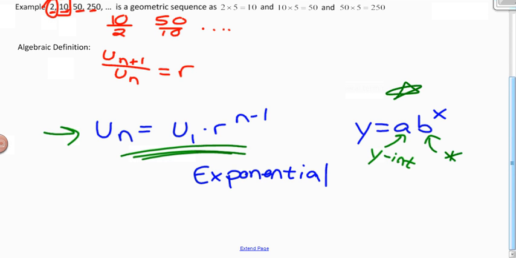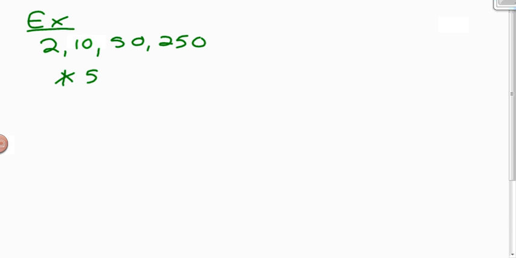Okay. So we will make an equation for the first one, 2, 10, 50, 250, etc. We already talked about how we know that our multiplier is 5. That's my r value, so r is 5.